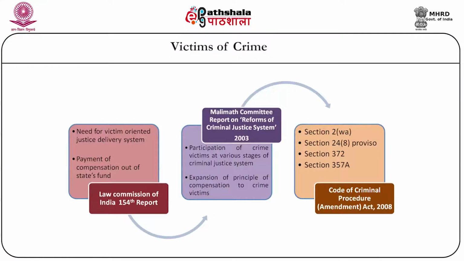These were section 2(wa) which defines victim, section 24(8) proviso which provides for legal assistance to victim, section 372 victim's right of appeal, and finally section 357A which talks about the victim compensation scheme. All these provisions will be discussed in detail in this module.